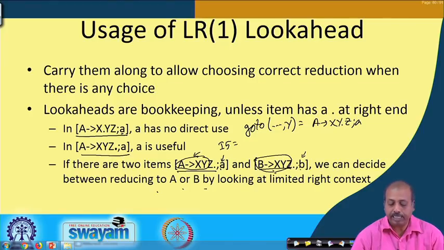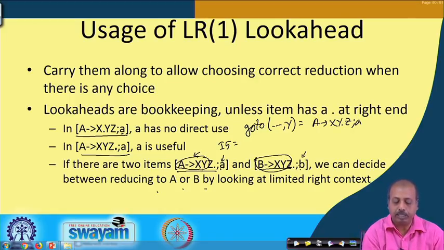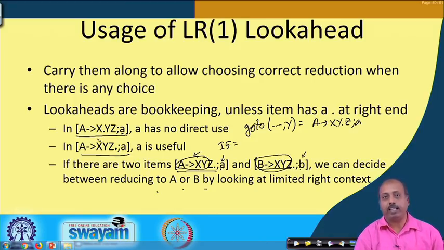This is exactly the reason: if we had relied only on the rule part, with the dot and the left side, A producing x dot y z, then the number of states in SLR and canonical LR would have been the same. But because of the look ahead token they are going to be different, and there will be more states in the canonical LR parser.